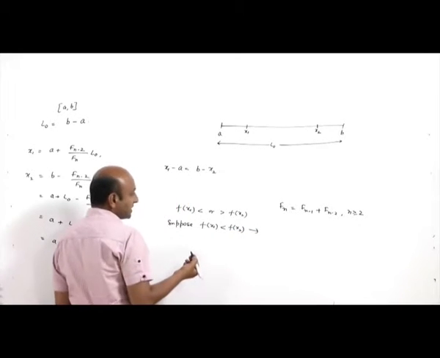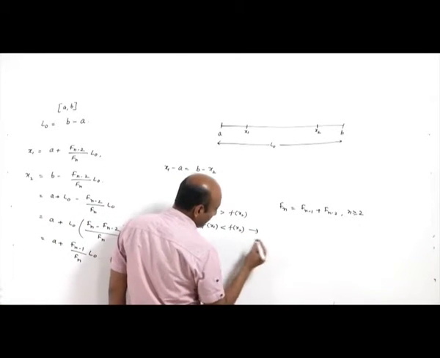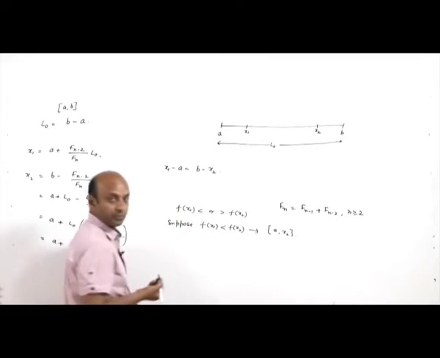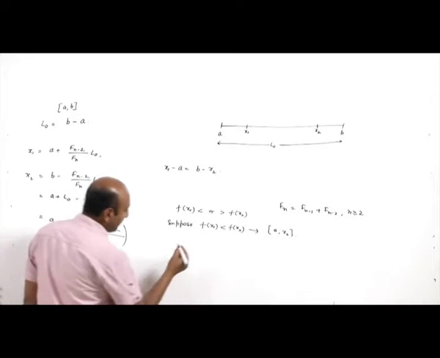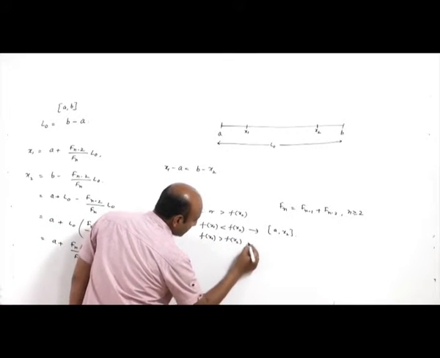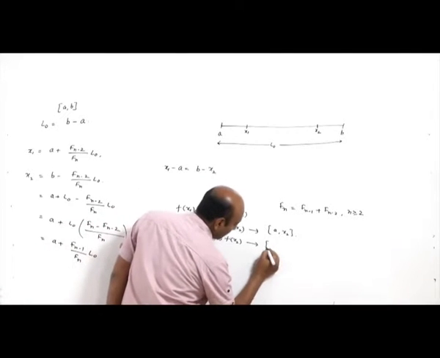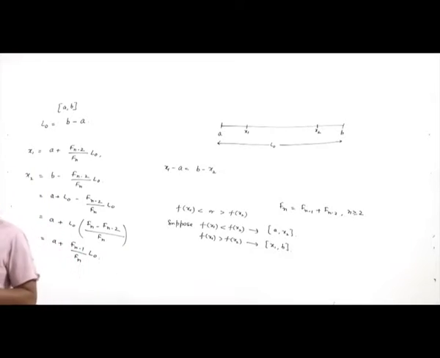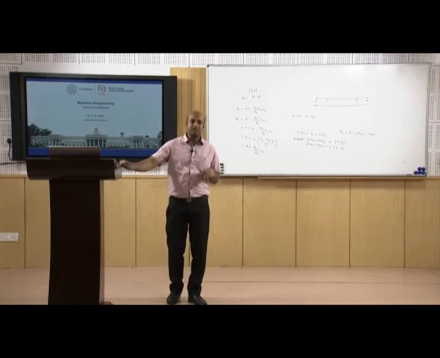So, the next interval of uncertainty will be A comma x2. And if fx1 is more than fx2, the next interval of uncertainty will be x1 to b. So, this is how we can find out the next interval of uncertainty.